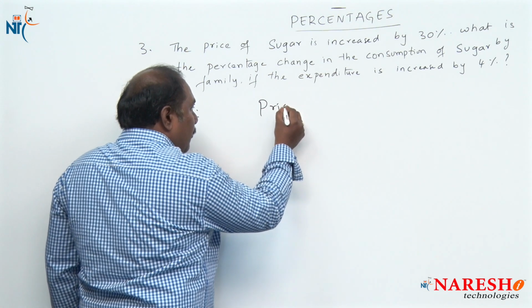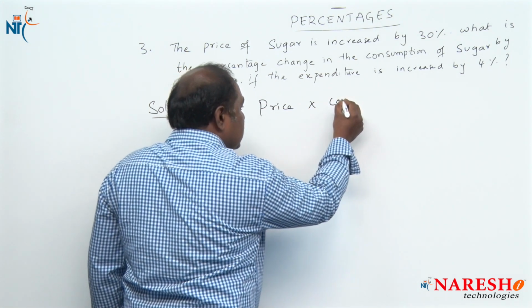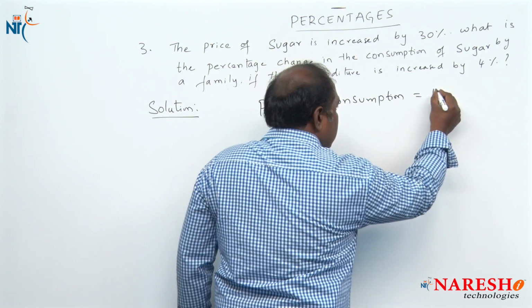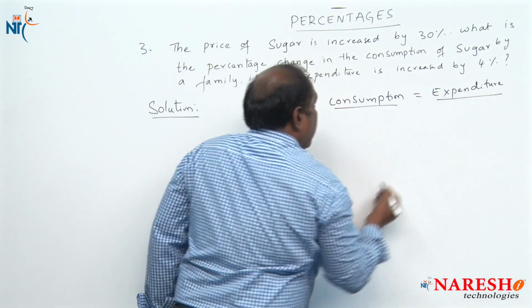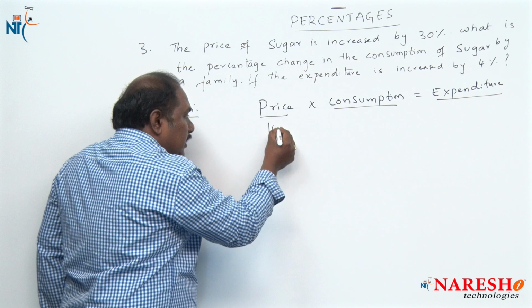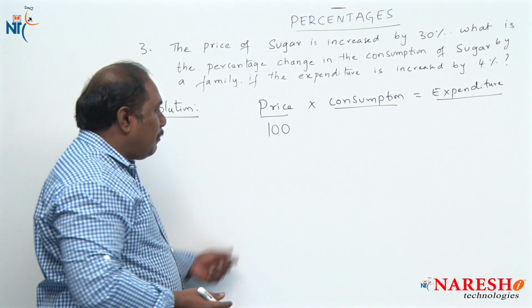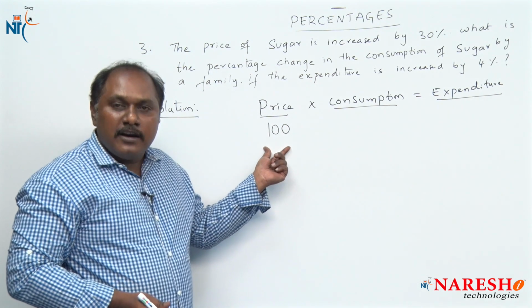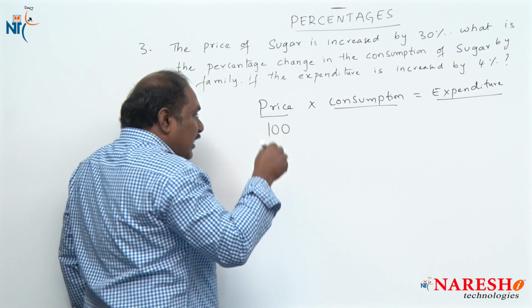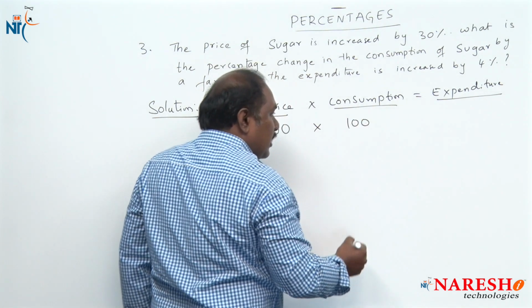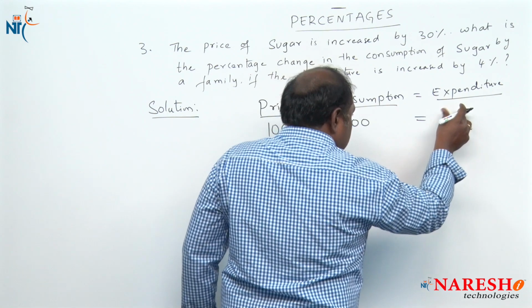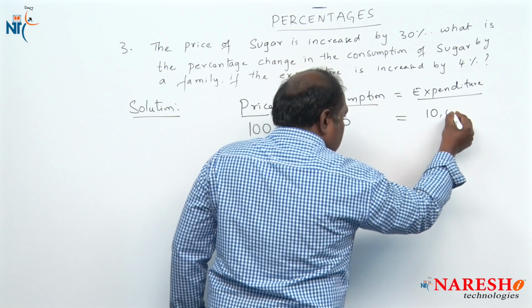We know that price into consumption gives us expenditure. Let us assume the initial price of sugar per kilogram is 100 rupees, and the family is purchasing 100 kilograms. So definitely their total expenditure should be 10,000.